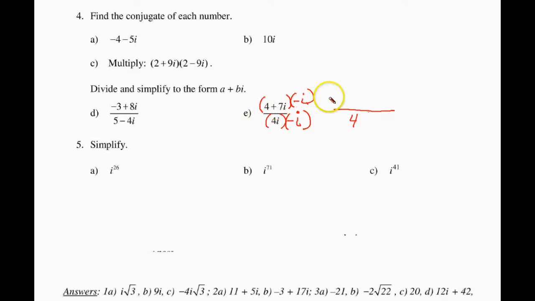Now, this numerator then becomes a negative 4i, and this becomes a negative 7i squared. What did we say i squared was? Negative 1. So this is going to become a positive 7 here.